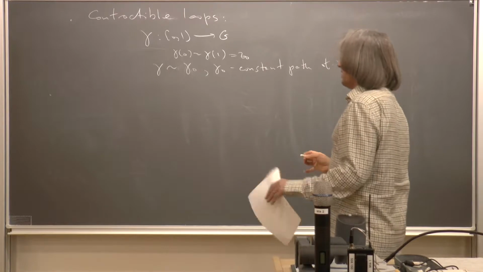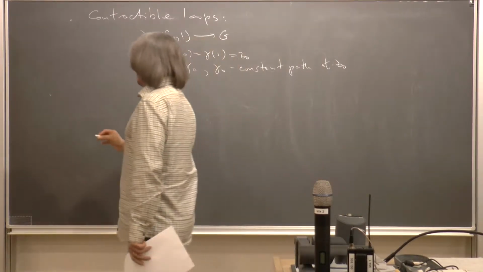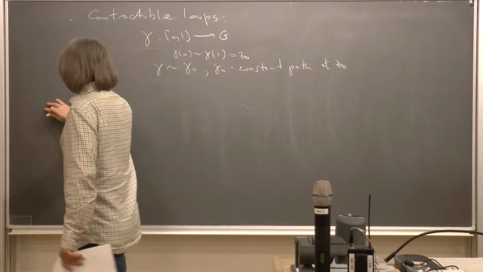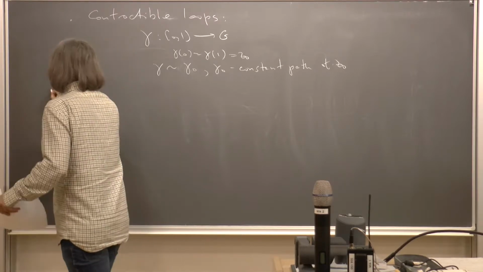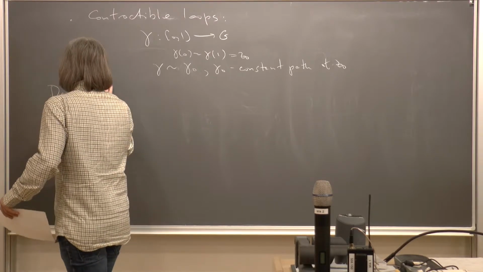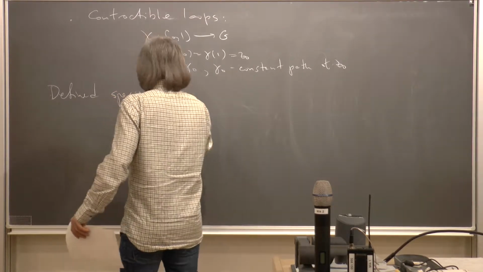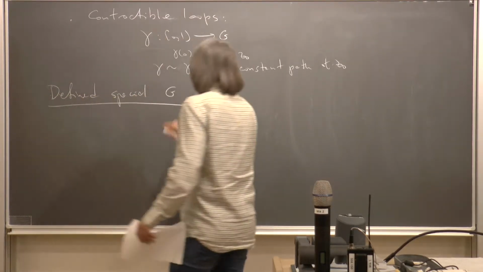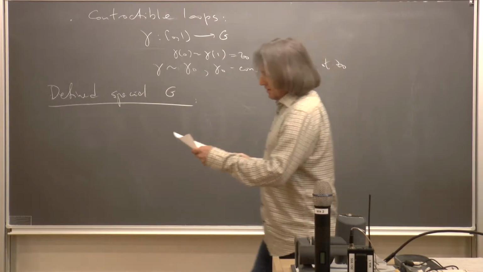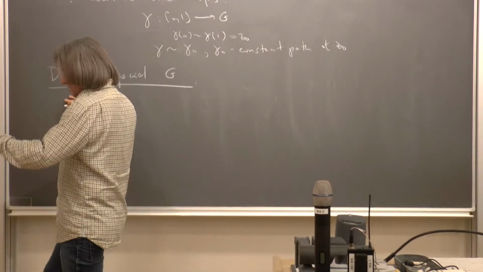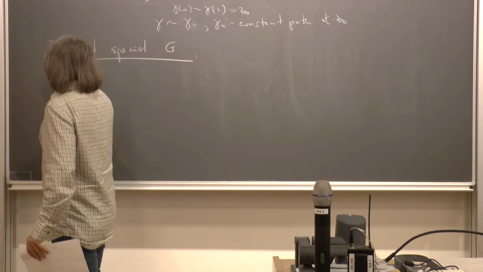And using the notion of contractible loops, we talked about different kinds of these domains G. So we defined special G. We talked about, let's say, 4 kinds of those.